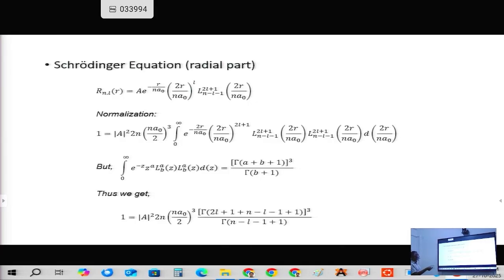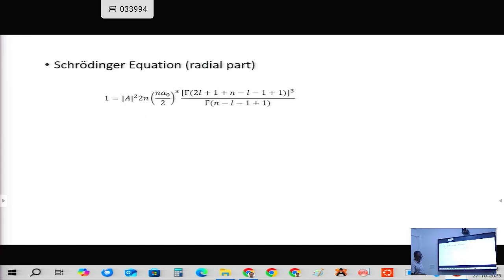You get the terms here from 2l plus 1, so a is 2l plus 1, and b is n minus l minus 1. If you substitute that, your A is the square root of this term.